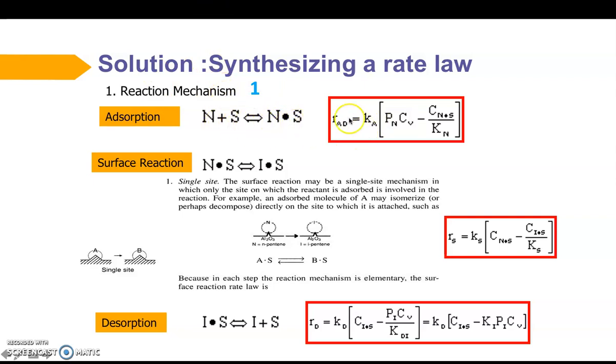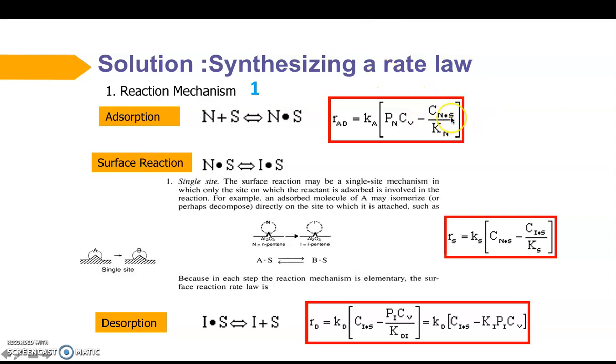So how are we going to describe the rate law for this step? It's actually Ka Pn Cv, because N is in the gas phase, so that's why P. If it is in the liquid phase, we use C. And then Cv is the concentration of the vacant site.